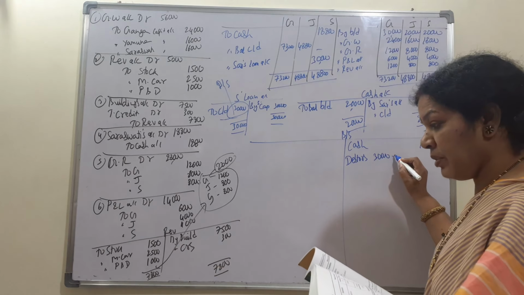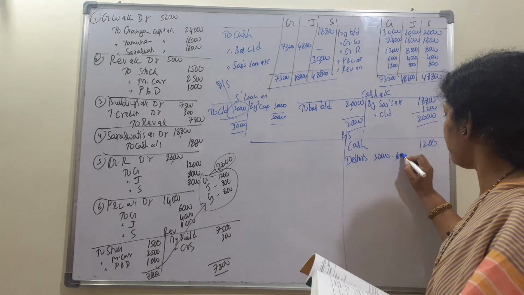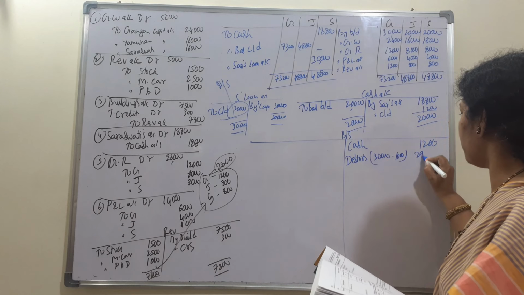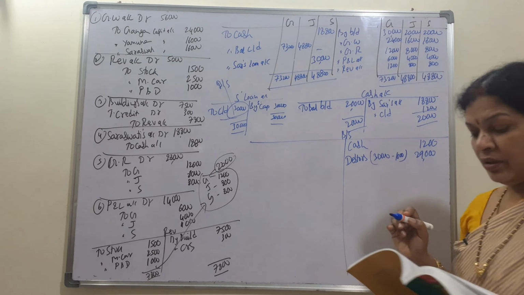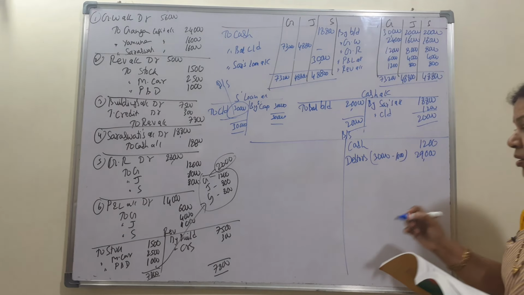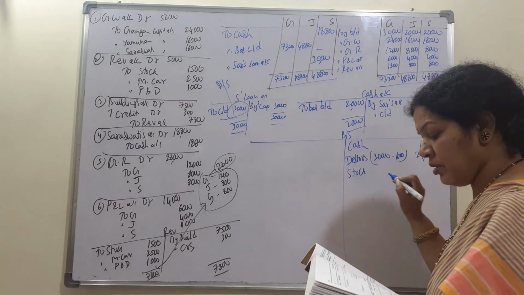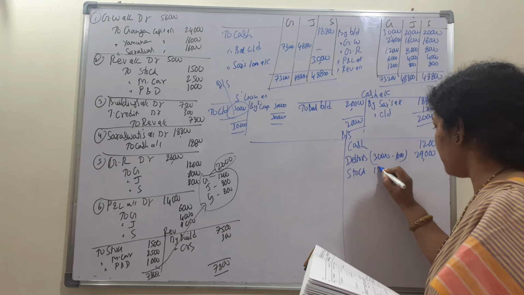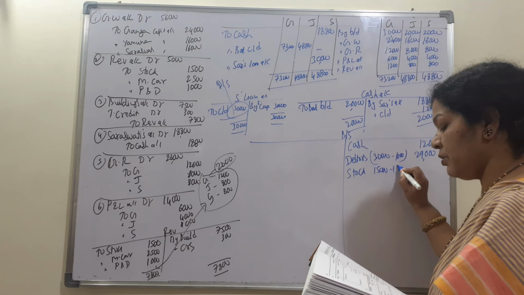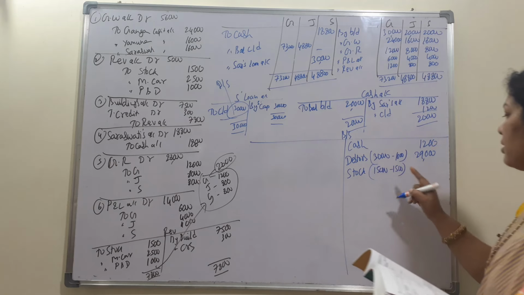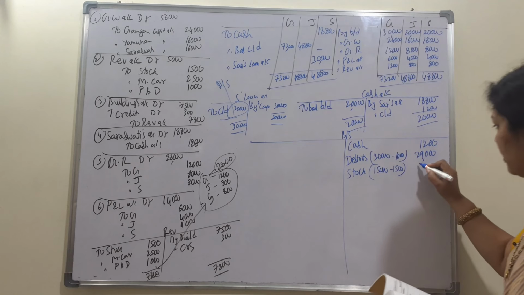PBD. PBD of 1,000. It is 29,000. After debtors, stock. Stock also there is 1,500. Stock value is here 15,000 minus 1,500 comes to 13,500.